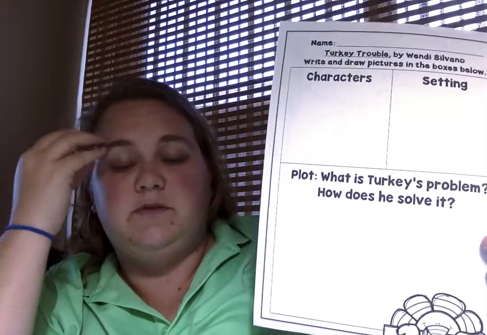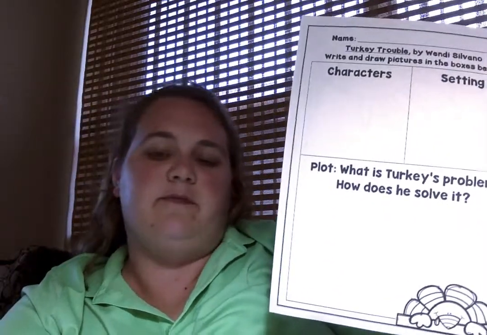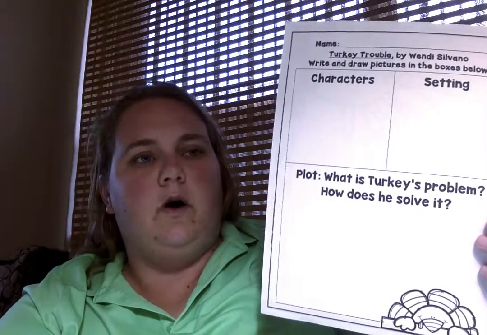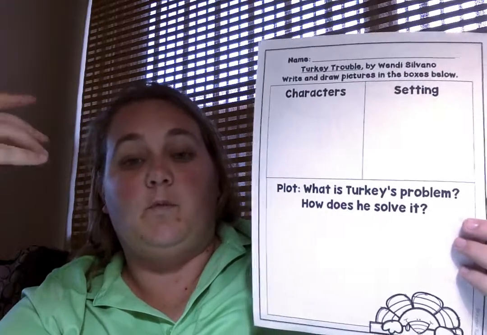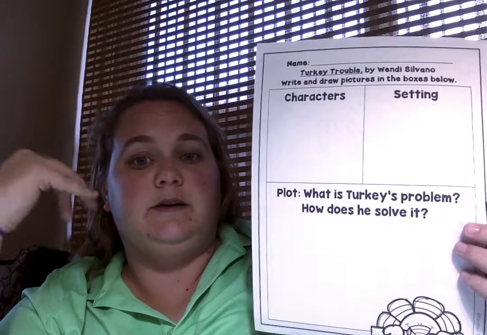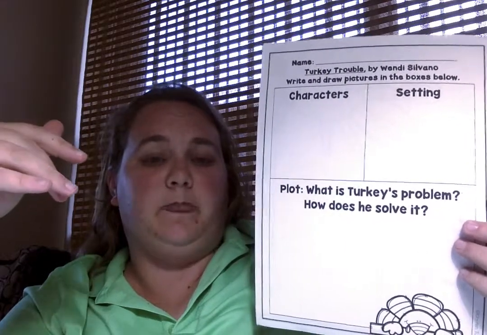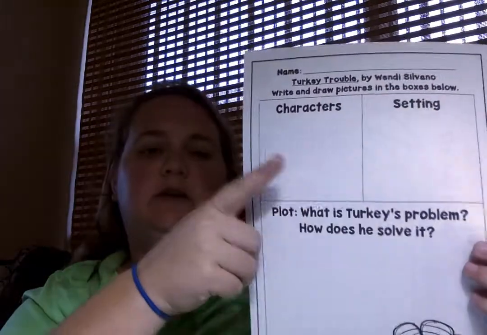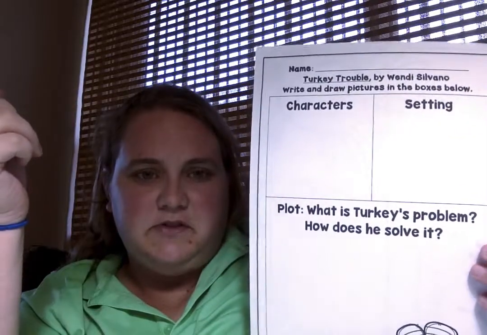The students, because they're low, they might not have the capabilities of writing all their words or putting the idea in writing. So here in the boxes they would just draw the characters.